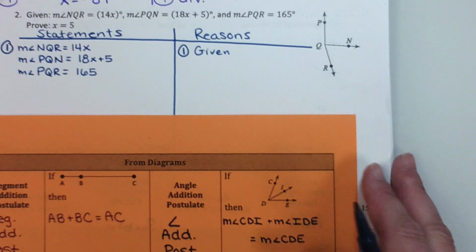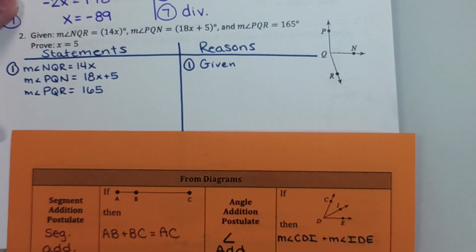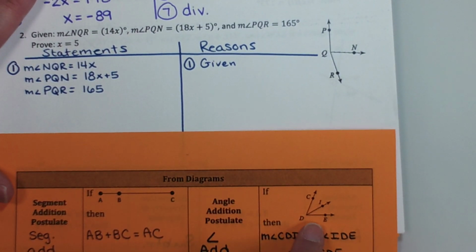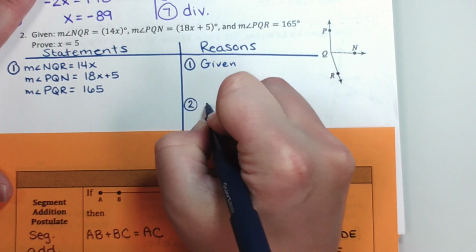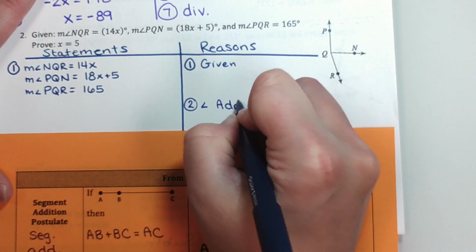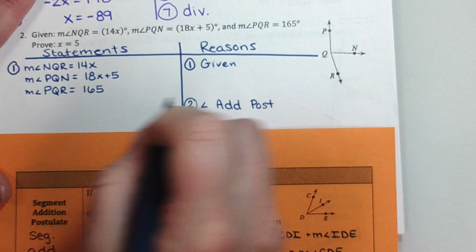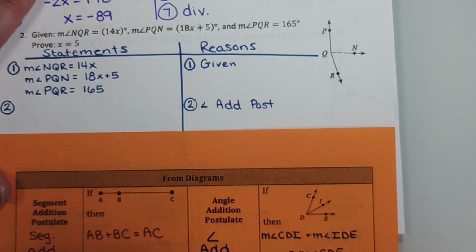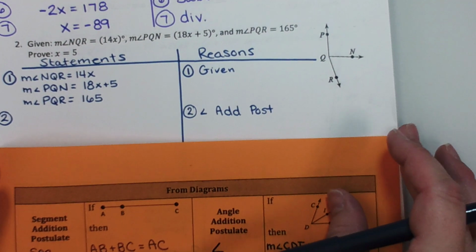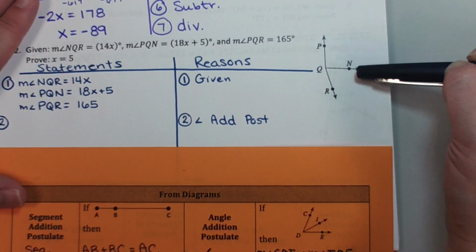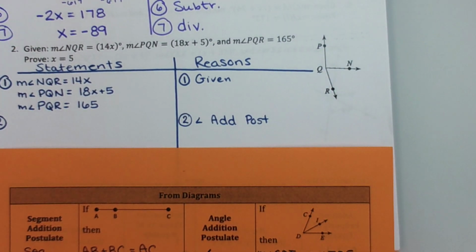Okay, but let's do math right now. So in this proof, my next step, using that diagram, since I have that picture, I'm going to do the angle addition postulate. And the actual postulate itself is going to look like this letter E version. So I need a small angle and a small angle adding up to the big angle.